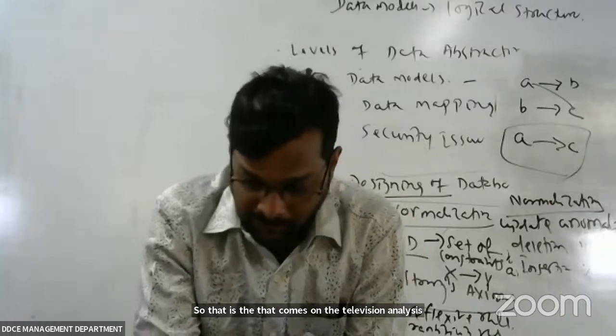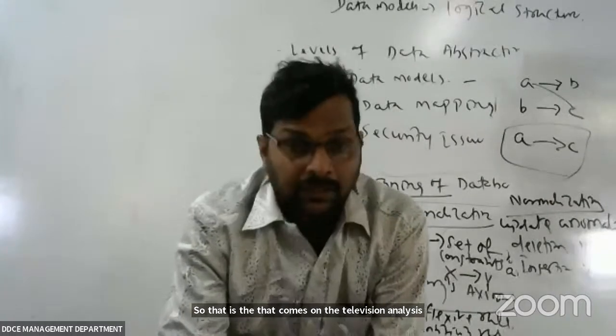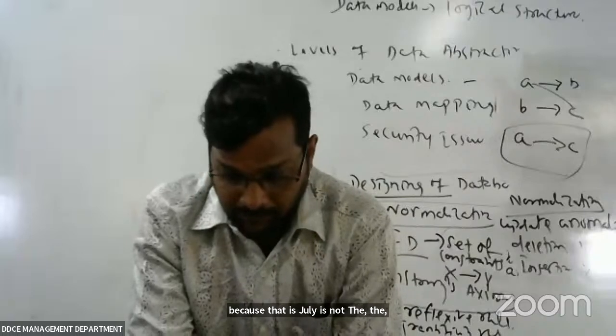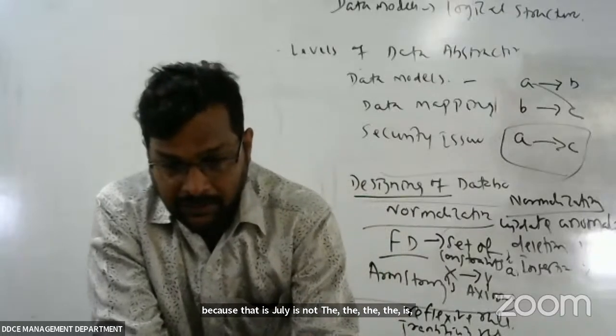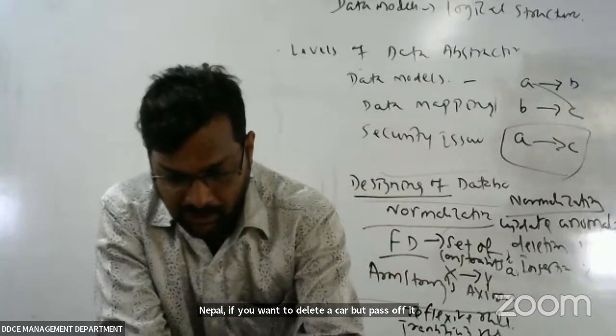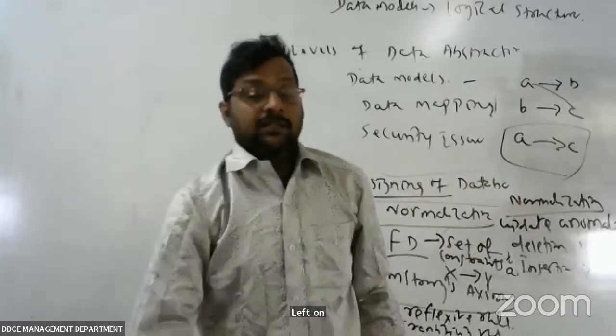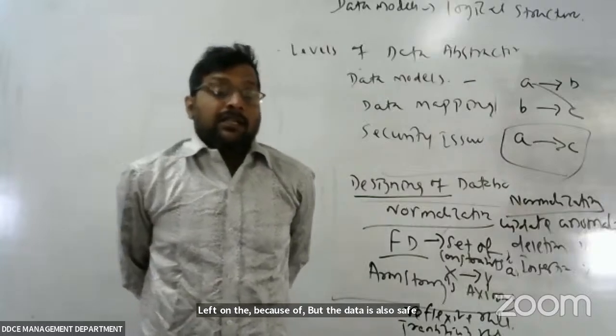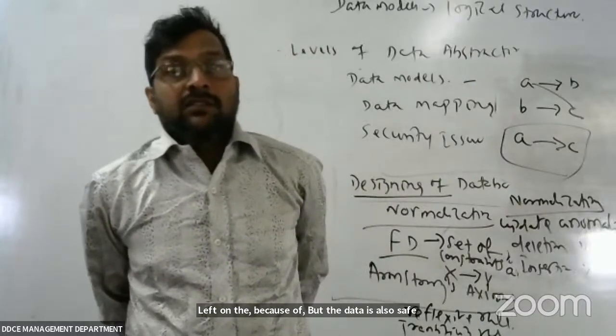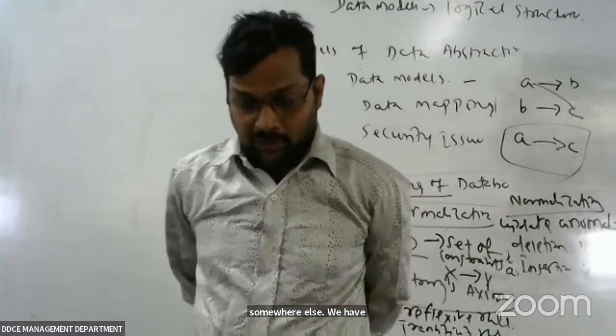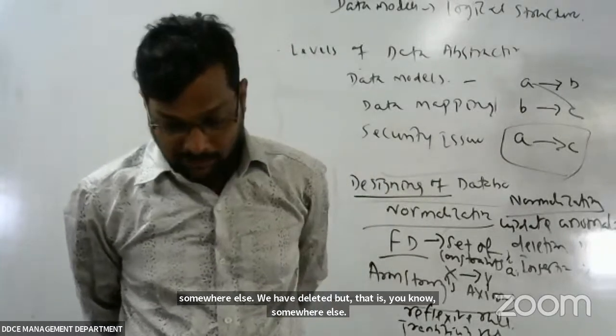If we want to delete a record, parts of it are left undeleted because of unawareness. We have deleted, but the data is present somewhere else. That should not happen. That is the purpose of addressing deletion anomalies.